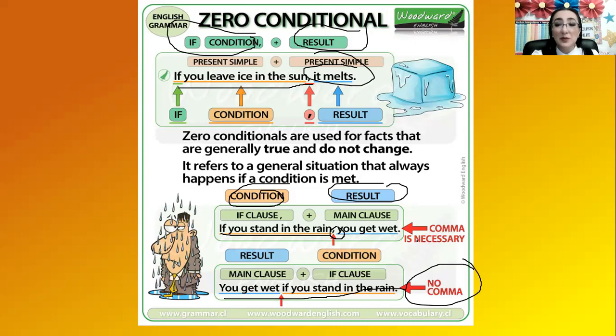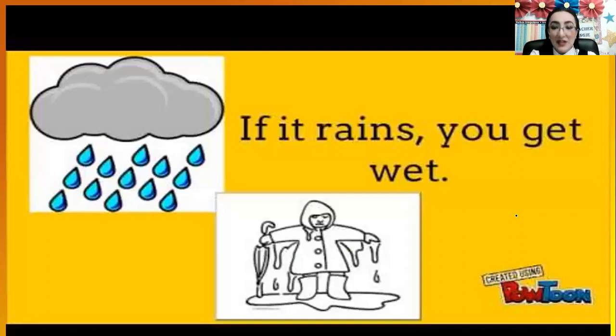Everything is going to be together. When we are starting with my result and with my condition, that is the unique rule that we are going to be having. And never forget the word if. Very good. That was the zero conditional, and we were having some examples related to that.